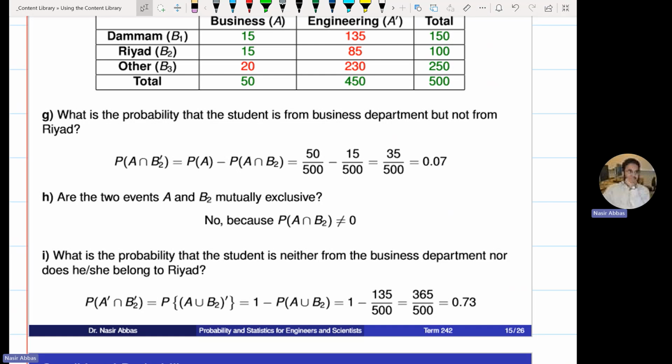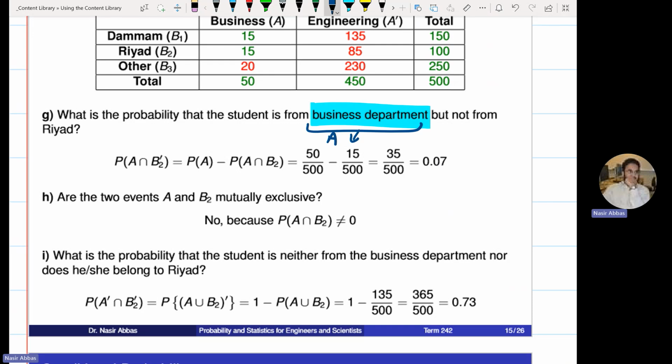Next question says, what is the probability that the student is from business department, but not from Riyadh? Highlight, this is an important question. Highlight the information. The student is from business department. What is business department?